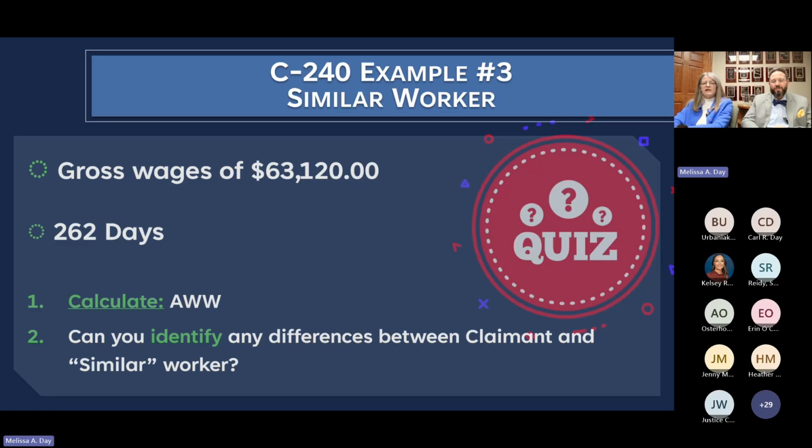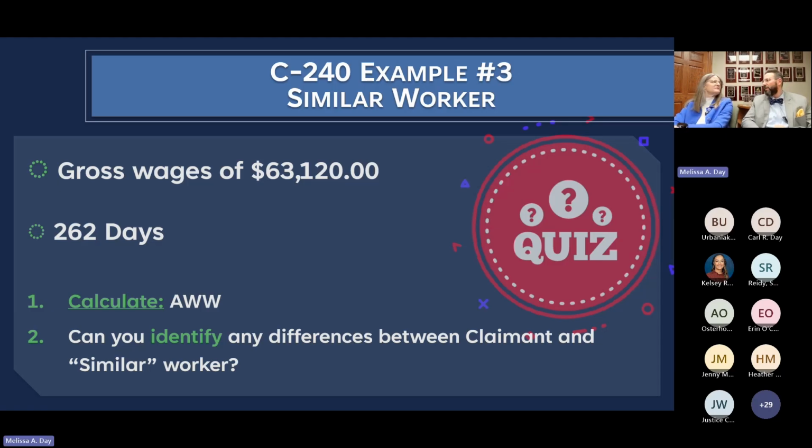So we're going to calculate the average weekly wage using the similar worker payroll. And then we'd also like you to think about any differences that you might identify between Outchit and Dill Egent based on the factors that we just looked at.